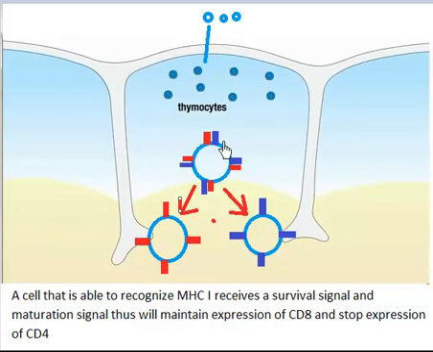Here the cells are double positive, they went through the positive selection, and after that they will express either CD4 or CD8 depending on what kind of signals they get and what MHC class proteins they recognize. If they recognize MHC class 1, then they will express CD8. If they recognize MHC class 2, then they will express CD4 and stop expressing the other receptor.